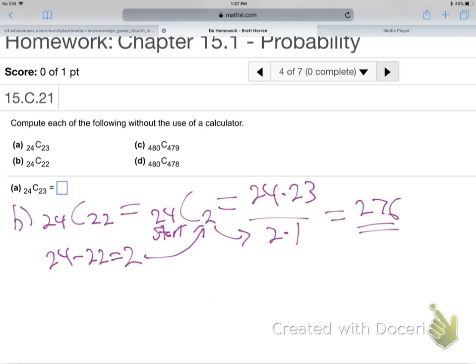Questions on that? How about part C? Can you do part C there? Part C, 480 C 479. Definitely subtract those numbers.